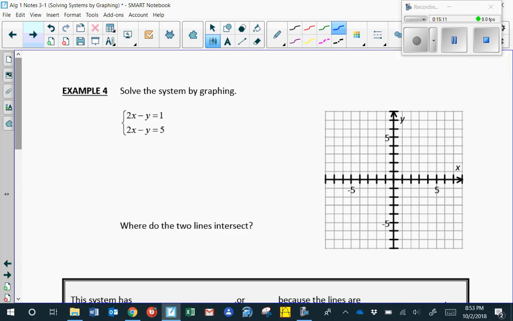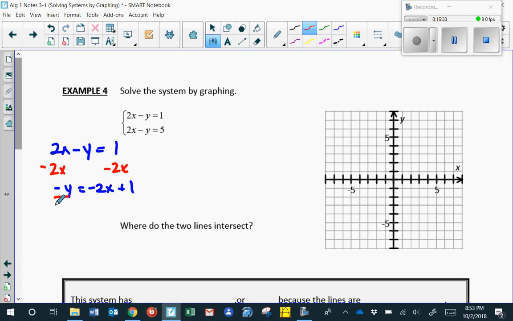In example 4, we have two lines to graph, the first of which is 2x minus y is equal to 1. I'll subtract 2x from both sides. That gives us negative y is equal to negative 2x plus 1.